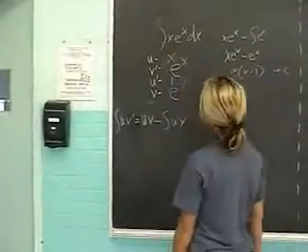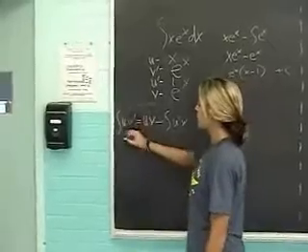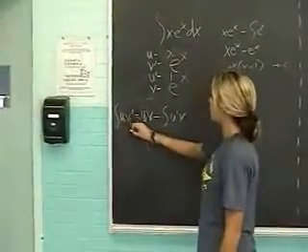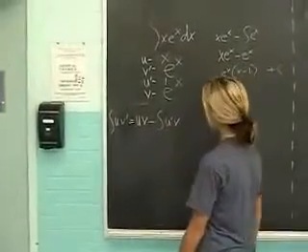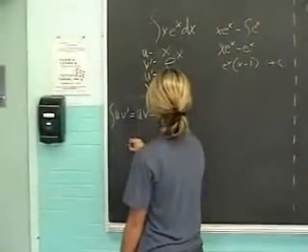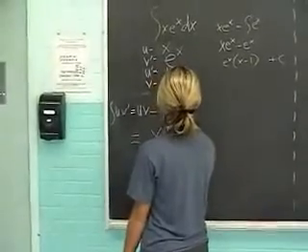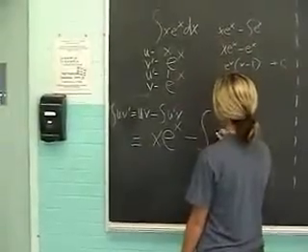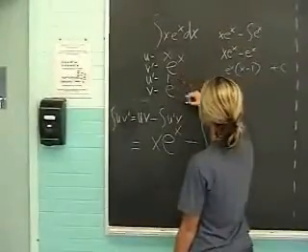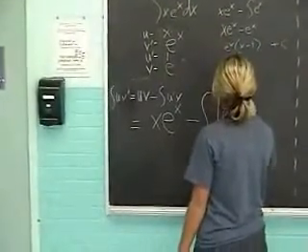The formula we use for integration by parts is the integral of u v prime equals uv minus the integral of u prime v. So this problem equals u, which is x, times v, e to the x, minus the integral of u prime, which is 1, times v, e to the x.